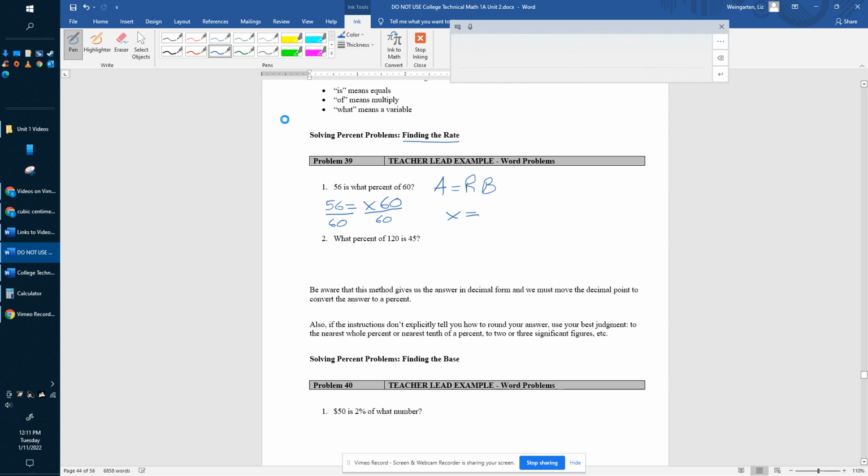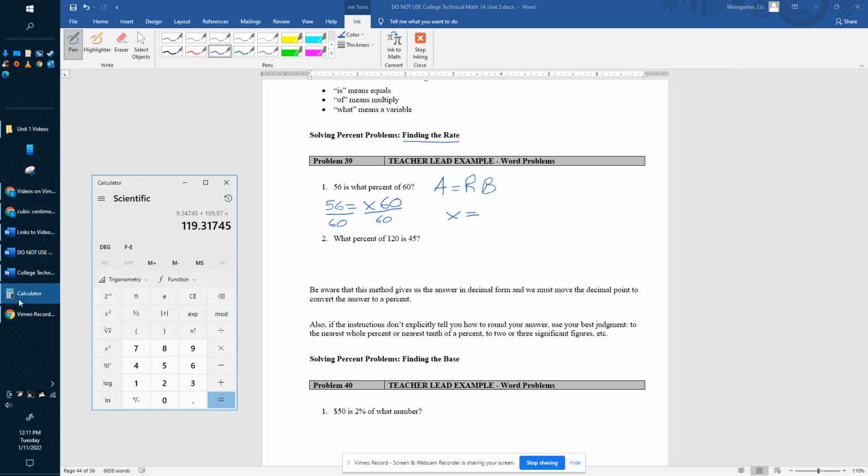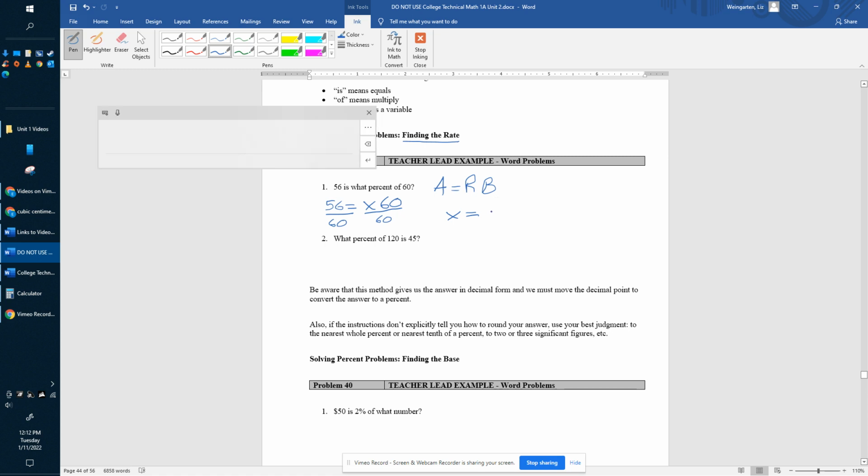Remember, X is a decimal here. We're going to have to convert it to a percent. 0.93 repeating. What percent is that? We'll have to move the decimal place twice, and we get 93.3 repeating percent.